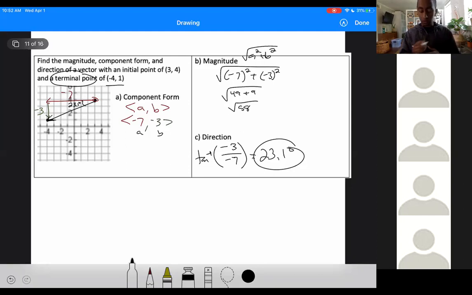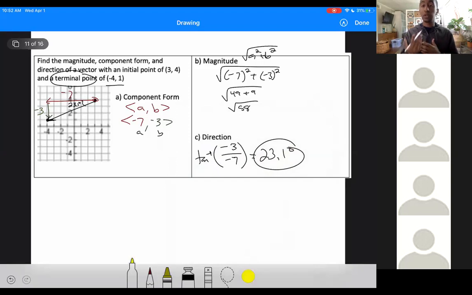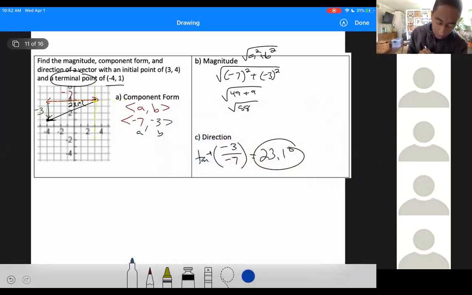What we're finding is the measure of the angle from the horizontal, like if you drew a coordinate grid with this in the middle. The angle that we are finding is going from here around until we hit the vector, which is here.